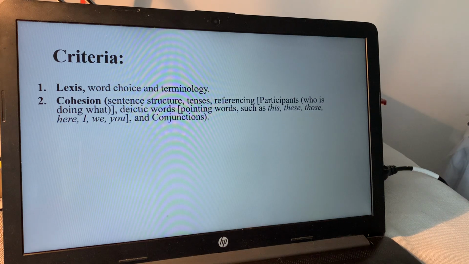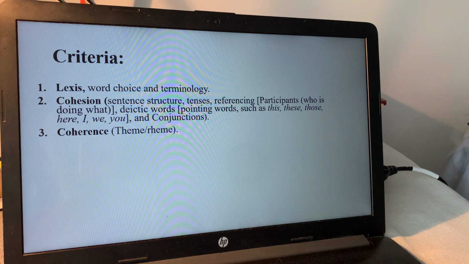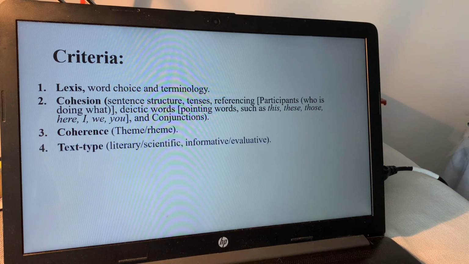We look at cohesion in terms of structure, sentence structure, tenses, referencing, the participant who is doing what, deictic words, pointing words such as his, this, these, those, here, I, we, you, and the conjunctions, and we'll see how they are used. Also, when we are assessing, we need to look at the coherence, which is the rheme and theme of the text or the sentences.